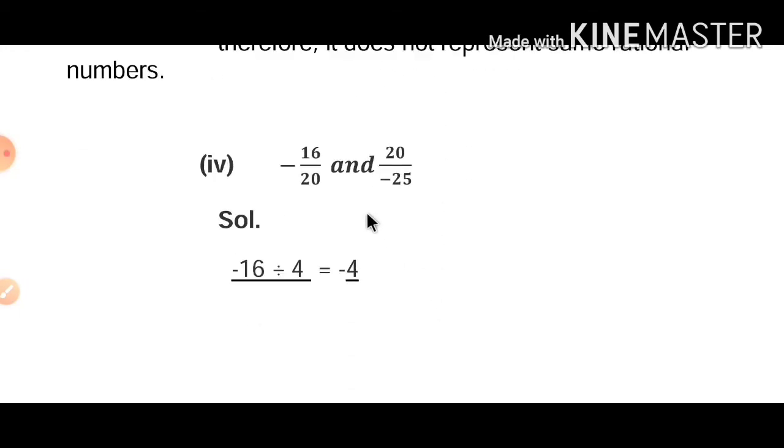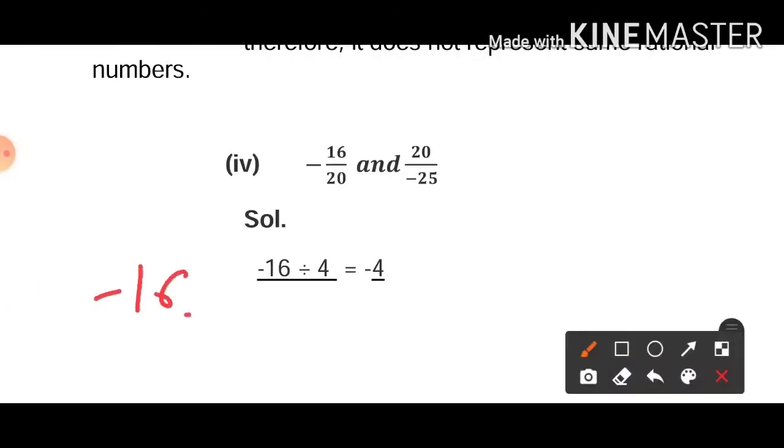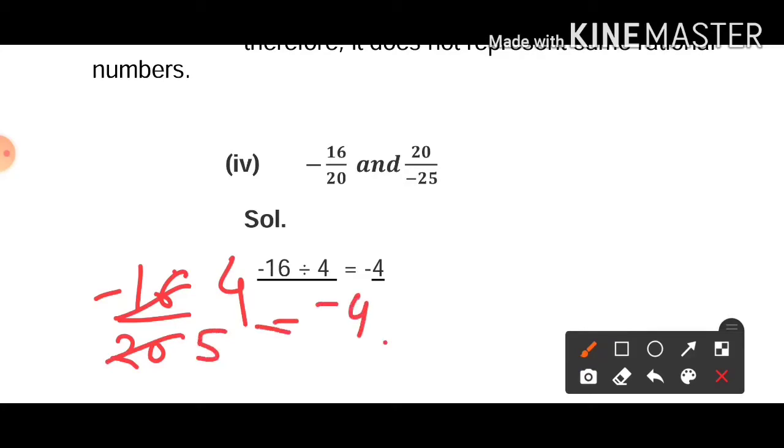Fourth one, 16 by minus 20, minus 16 upon 20 and 20 by minus 25. So 16 by minus 20. As you can see, 16 and 20 are both divisible by 4. How many times? 4 4s are 16, 4 5s are 20. It means it can be written as minus 4 upon 5. Same for 20 by minus 25.